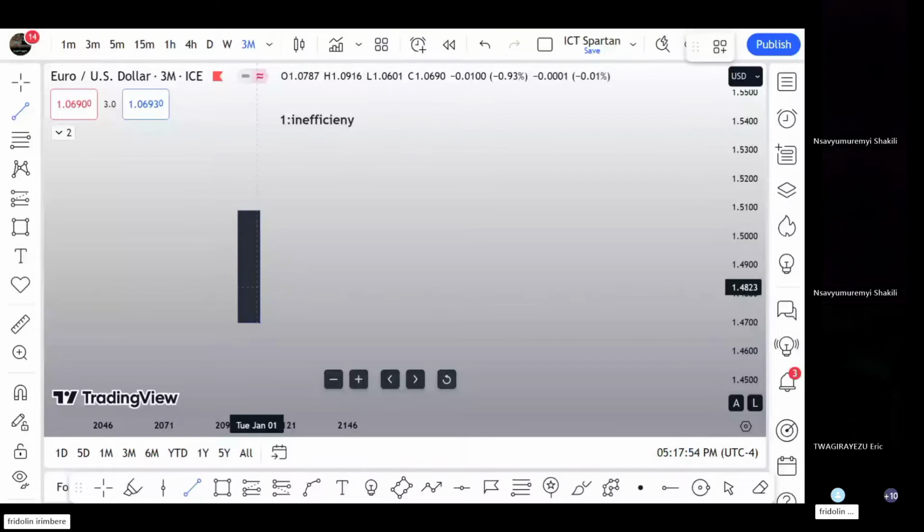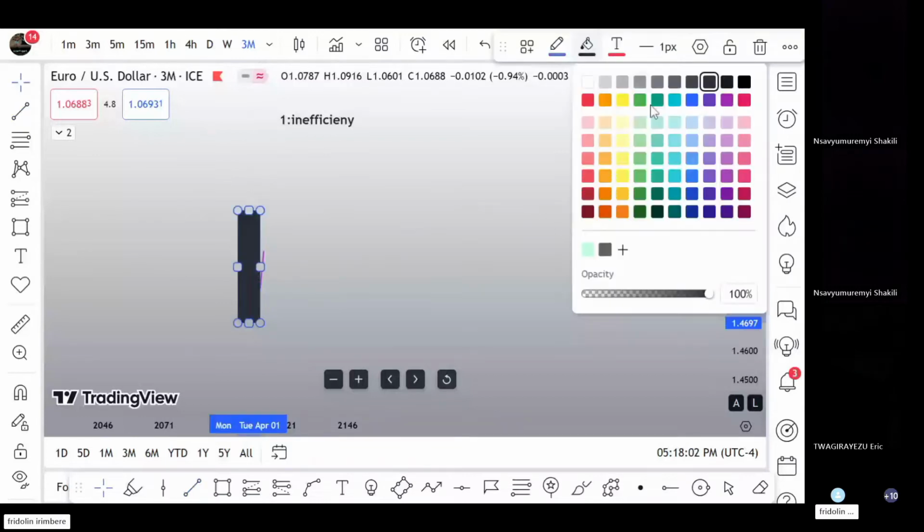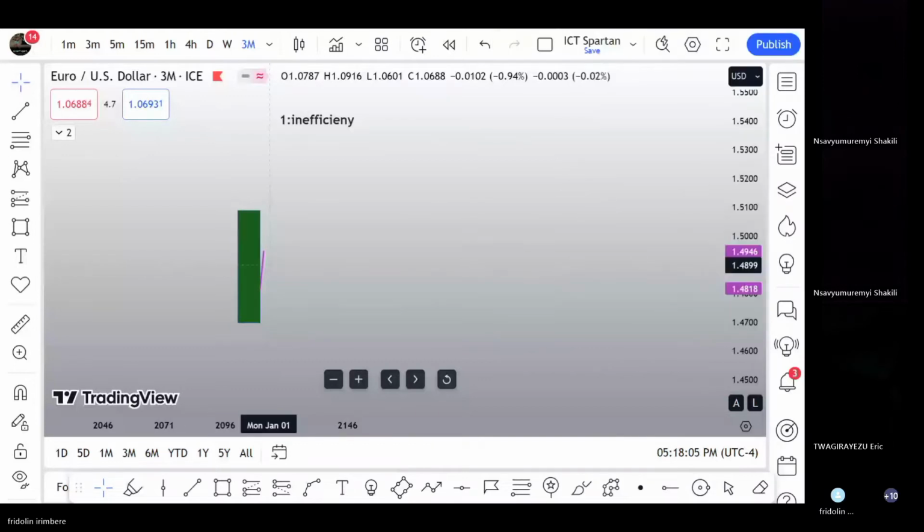Let me change the color to make it look stick. Okay, so kuvuga iki, turafita candlestick is, let this be black.